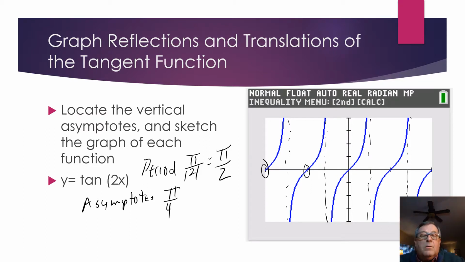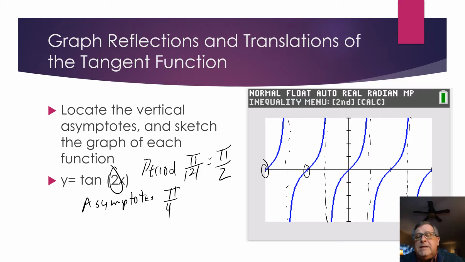And so not only does this change our period, but it also scrunches upward, if you will. It has horizontally compressed, I guess we could say, our graph. And so our asymptotes now are at pi over 4, negative pi over 4, negative 3 pi over 4, but we see it in intervals of pi over 4.